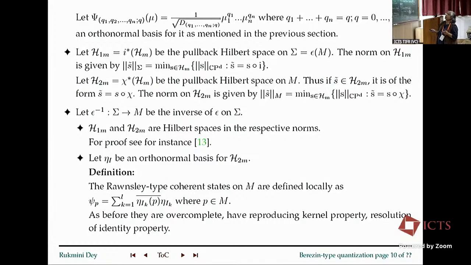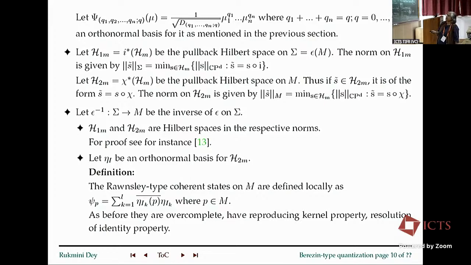Now I pull it back to M also, with the same kind of definition of the norm. So now if eta is an orthonormal basis of H_M, the resultant Hilbert space on M, then I can define the Rawnsley coherent states as these, again eta_ik bar evaluated at P and mu_I, where P belongs to M. So this is the Rawnsley type of definition.